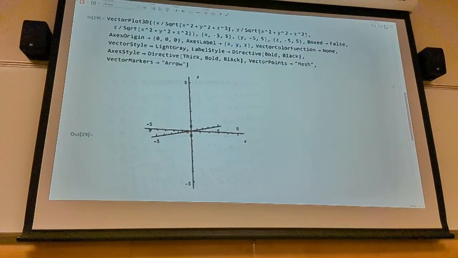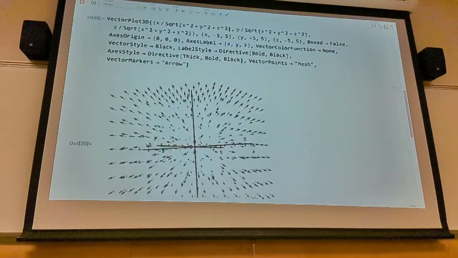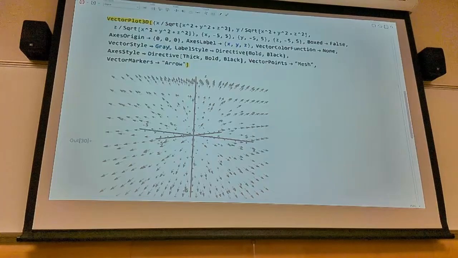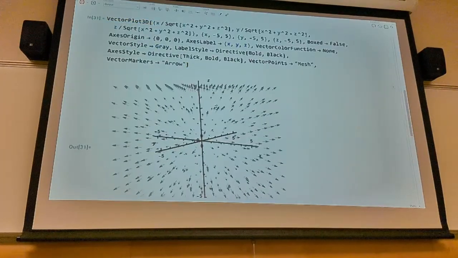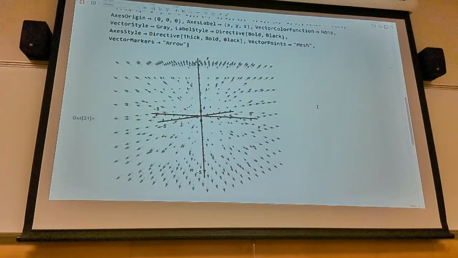Which means I no longer need, where is it? That to be like gray, I turn that to black. That kind of blends in with the axes now, so let's just do gray. I personally do not like the 3D vectors, the 3D arrows, which is what it was before. I like these two-dimensional. So I like that a lot better.